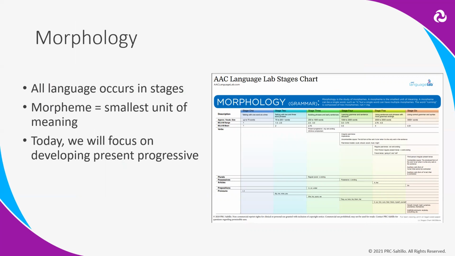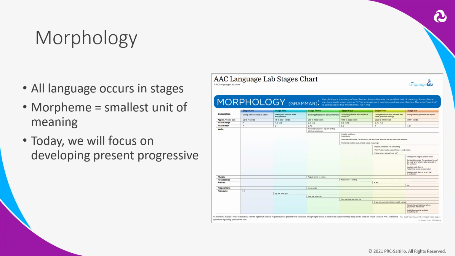The basic session will just focus on single words, and the next step is looking more at a stage 3 or 4 or 5. So especially with this course tonight, we want to look at present progressive -ing. And when we're talking about present progressive, we're talking about morphology.